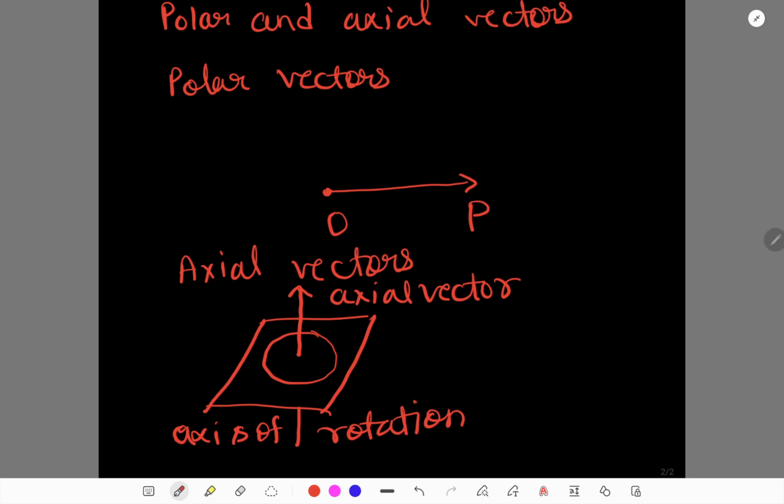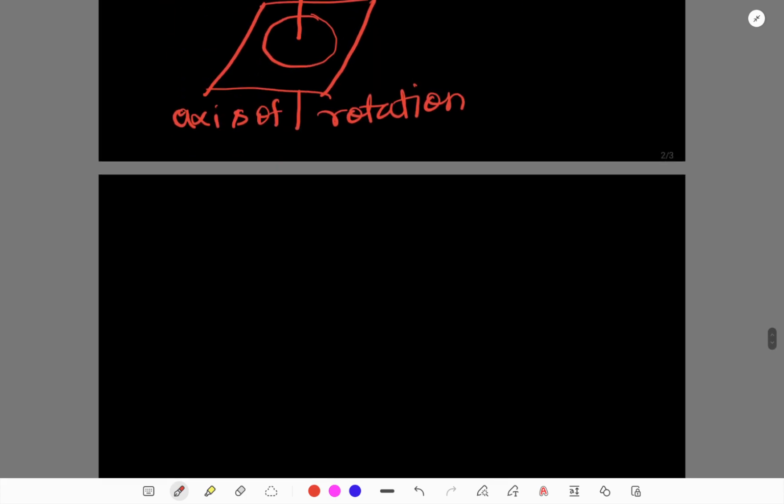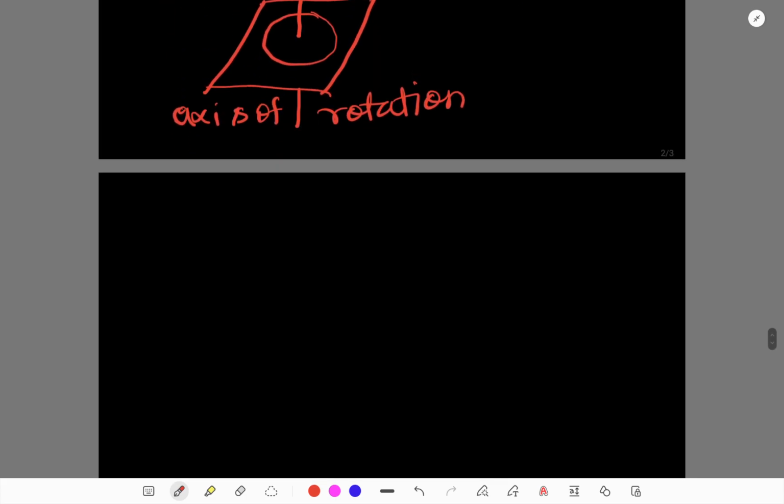As you can see in this figure, now some other vector.